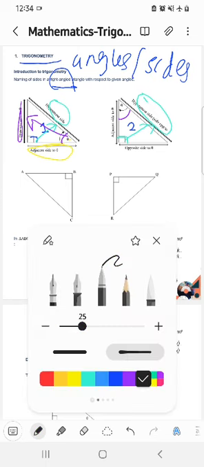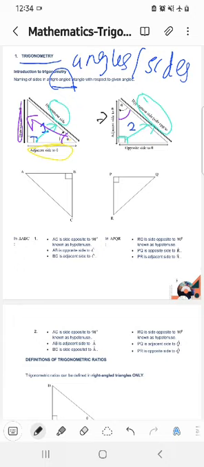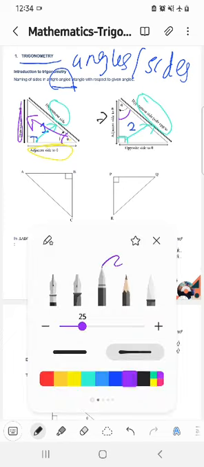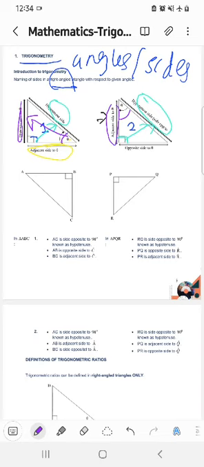Before it was the opposite, like in triangle 1, but now it has changed to be adjacent. Why is it adjacent? Because this side is next to angle theta. So that's why it's called adjacent now. Then this other side is now called the opposite to angle theta.